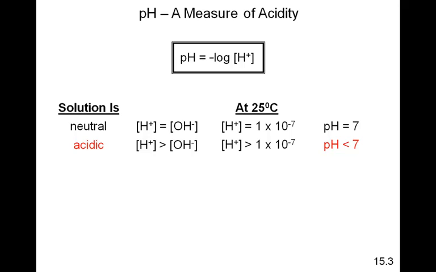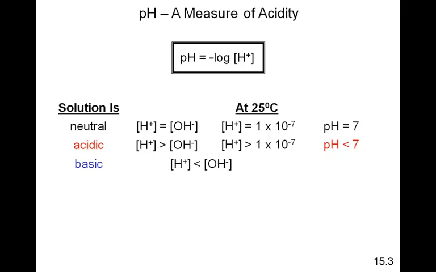And usually, it ranges from less than 7 down to 0 on the pH scale. Although pHs can be less than 0, it is possible. But for most dilute solutions, the range for acidic solutions falls between 7 and 0.